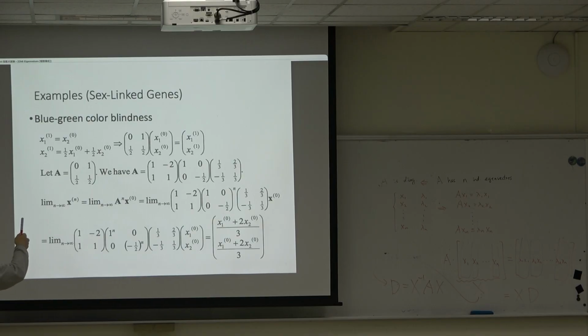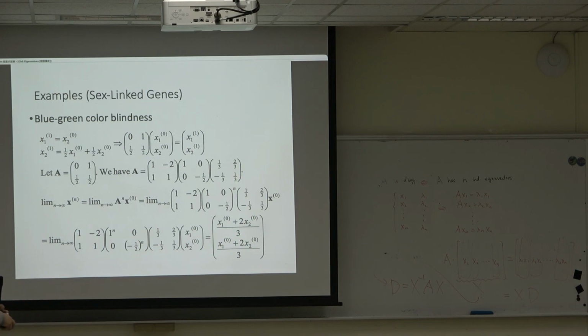So that means if a person has a green color blind, then his offspring is going to be blue color blind. Or put it another way, if a person is blue color blind, its parent must be green color blind.